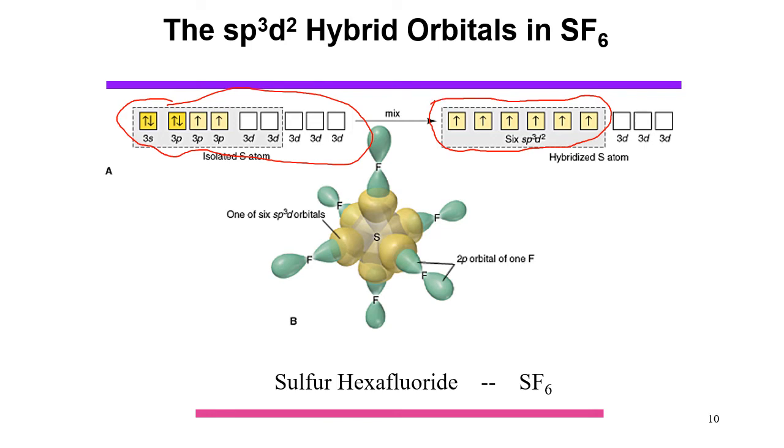Because s is 1, then p is 1 2 3, and then d is 2 of them, so sp3d2. So 6 orbitals altogether, and then this sp3d2 orbital of sulfur can overlap with the p orbital from fluorine to form SF6.